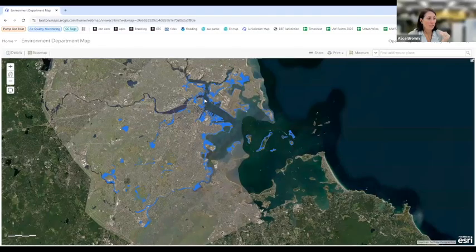I'm just going to share a version that truly just highlights in blue where the Boston Conservation Commission has jurisdiction. So unsurprisingly, it's along coastlines and rivers. It is further inland where flooding is predicted. It is also on the islands. We don't get a lot of filings out there, but we do get some, particularly from DCR.